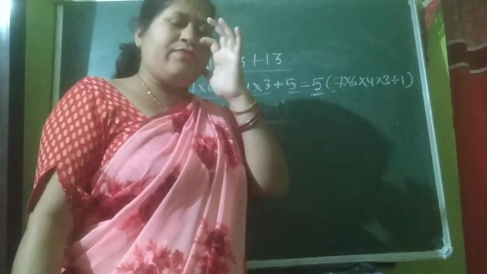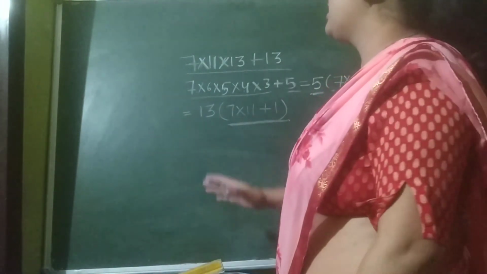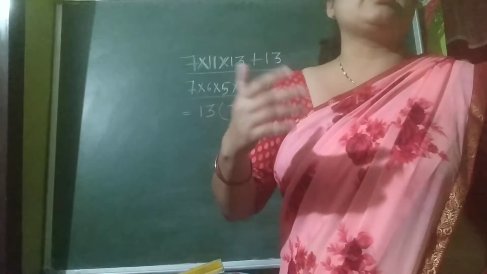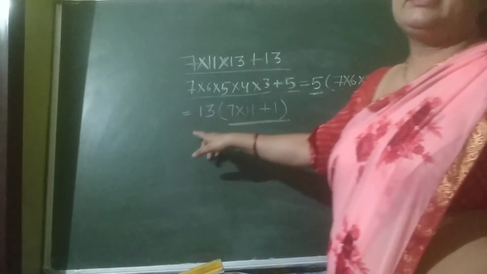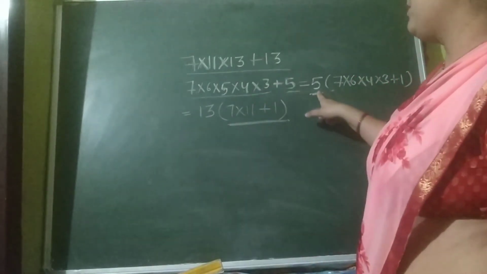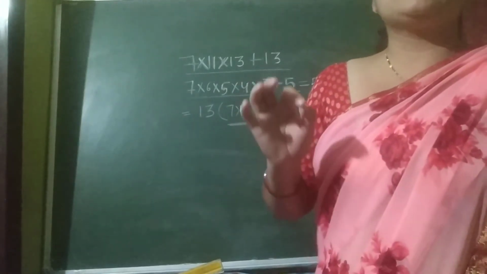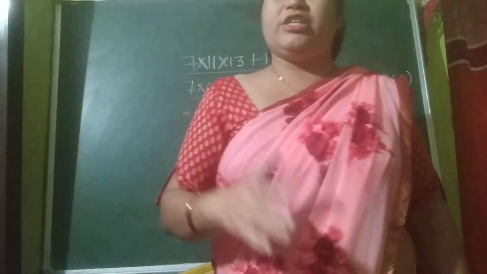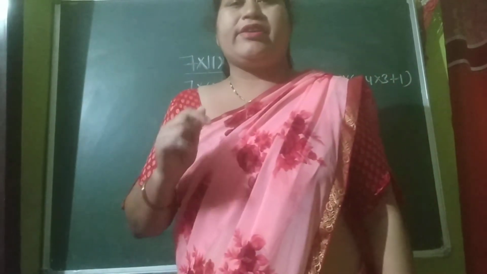It proves that they both are not prime numbers, they are composite numbers. We get the factors 1, and 5 in this part and 13 in the other part. So it is proof that these numbers are not prime numbers, they are composite numbers, because they have more than two factors.